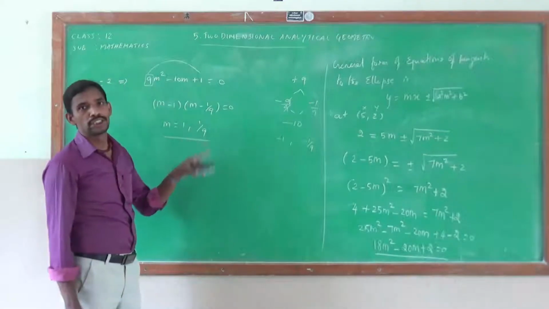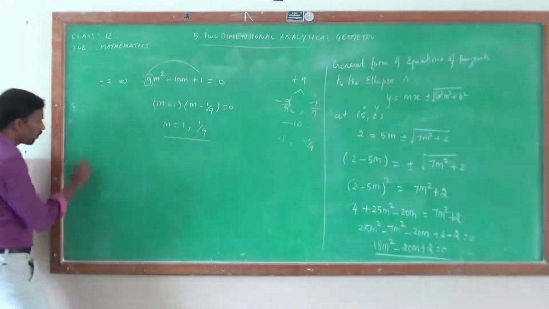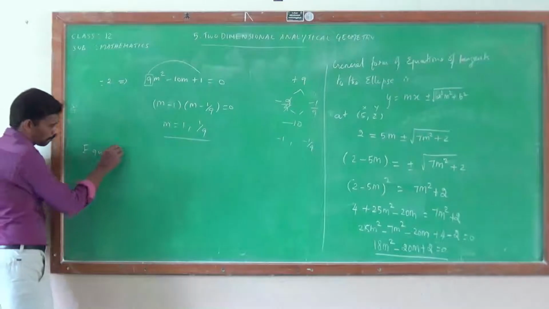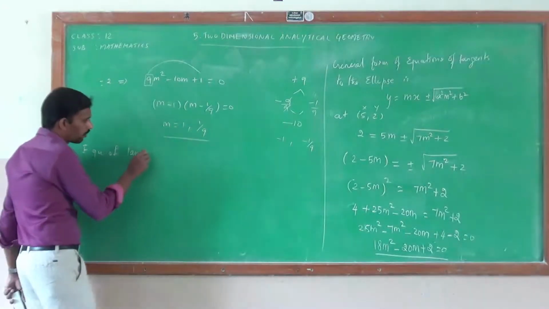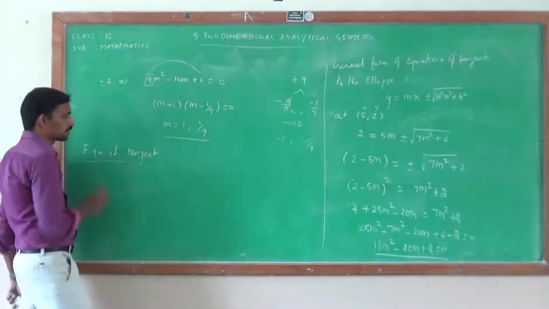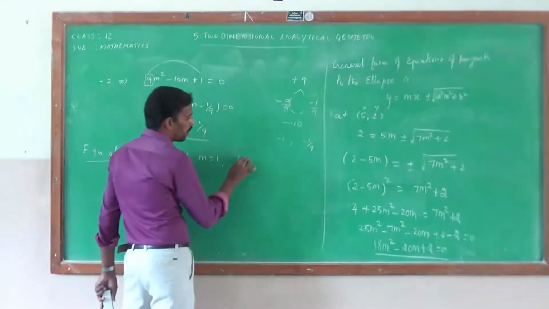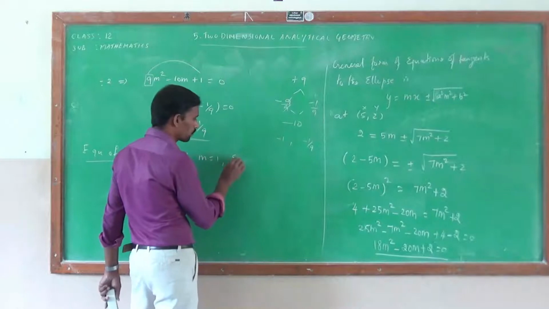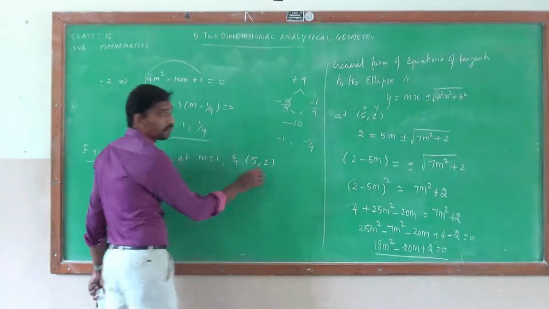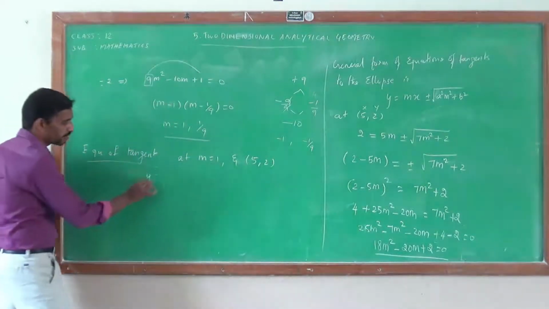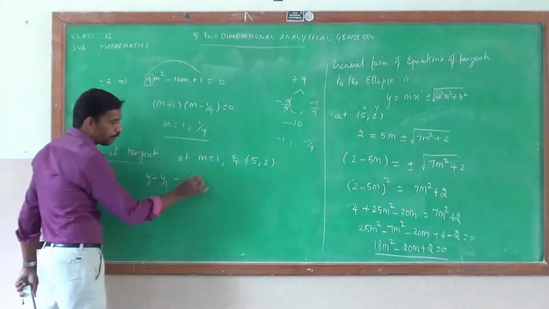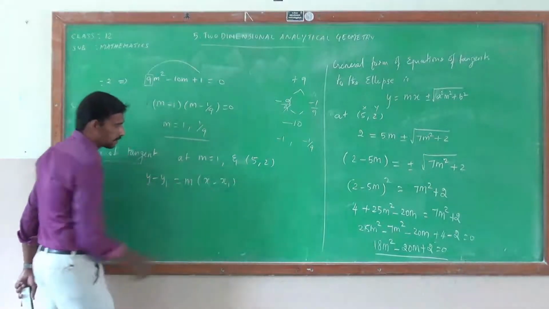We have two values of m. Now the equation of tangent for m equal to 1 through the point (5, 2): y minus y1 is equal to m into x minus x1.